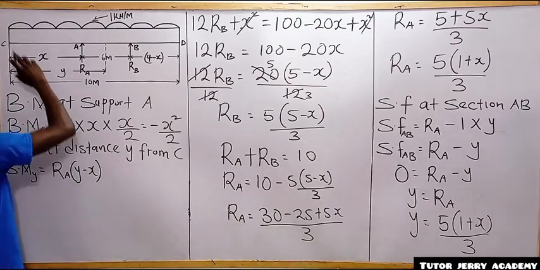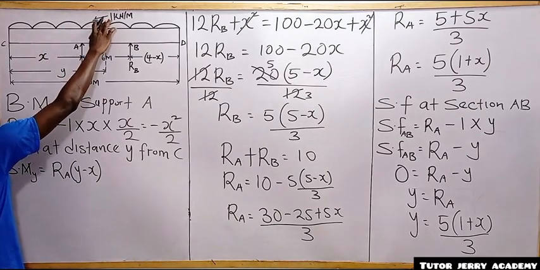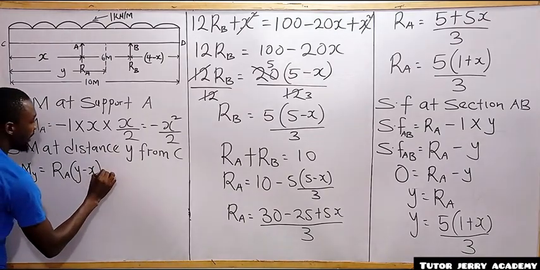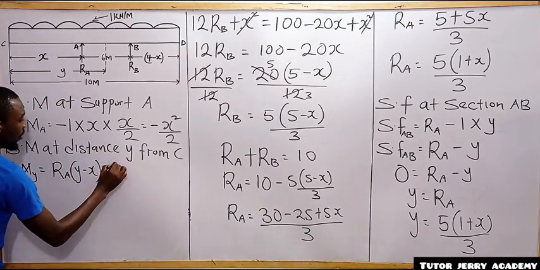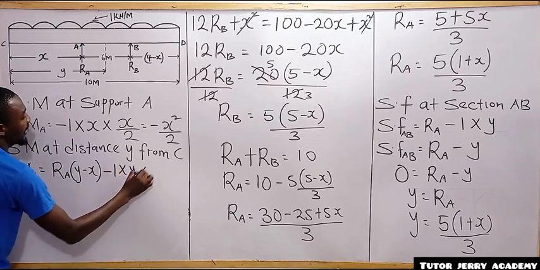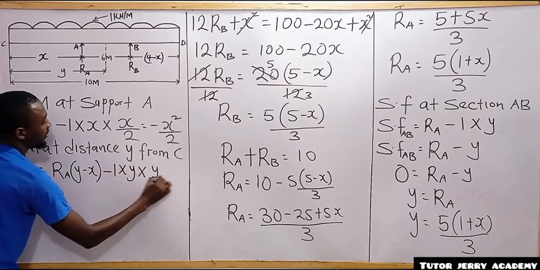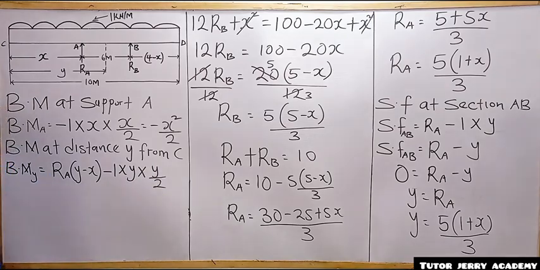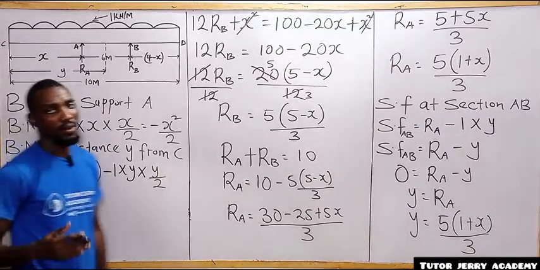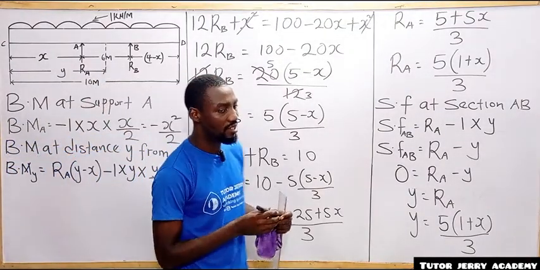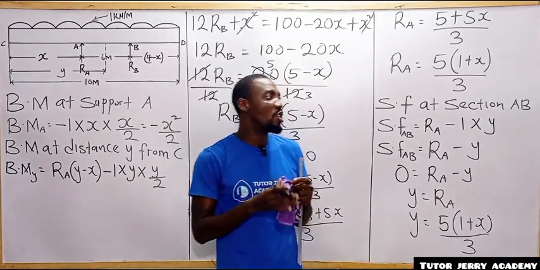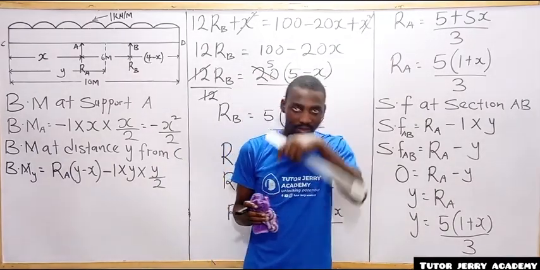So now we are having a uniform distributed load here. So it's going to be minus 1 times Y, then times Y divided by 2. All right. So that is what we are going to have here. I hope we understand this. So the rest is just mathematics.